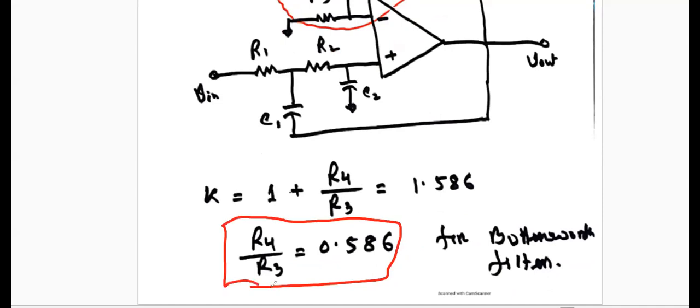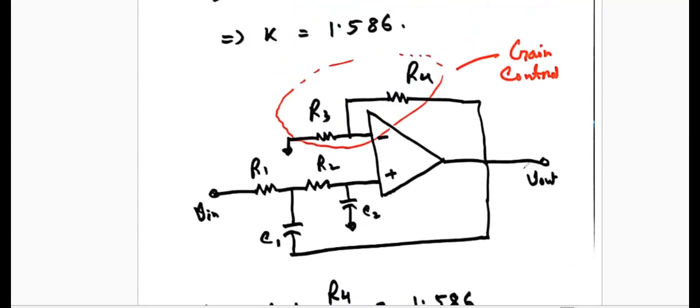We can choose the value of R4 and R3 based on our targeting gain factor. We got it like 0.586. So hopefully now we can design this circuit. One thing is, these R1, R2, C1, and C2, they are targeting the cutoff frequency omega C and all other factors.